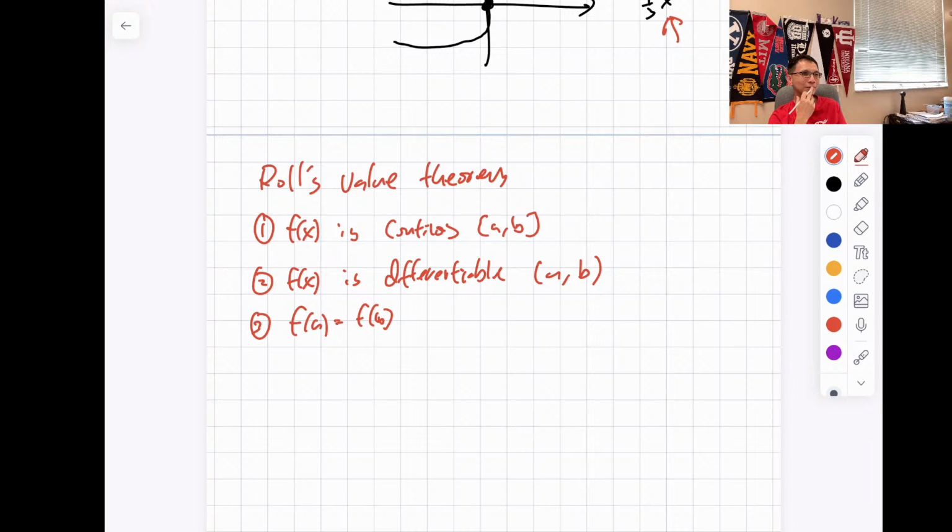Almost. It gives you the average slope, right? No, no. What's Rolle's theorem? Aiden? Good. f prime of x equal to 0. f prime of c is equal to 0.